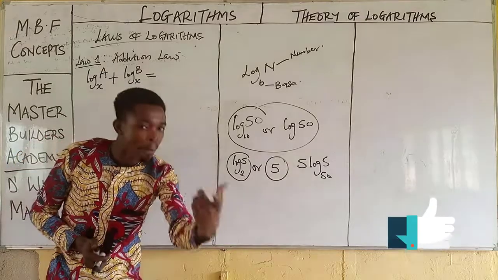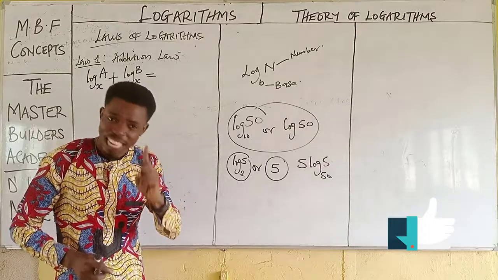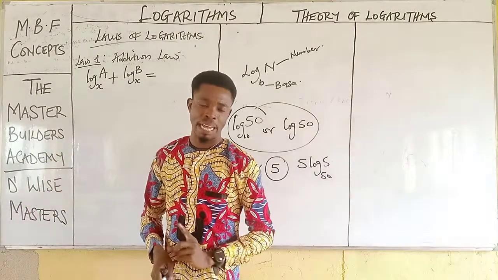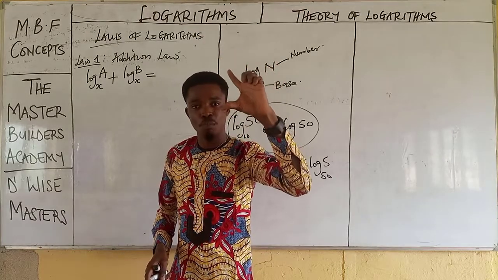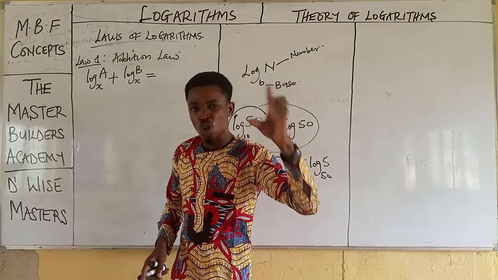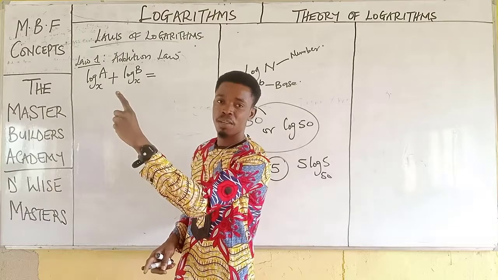And anytime this happens, what you look out for, listen carefully, pay attention to this part. Because I want to unveil a secret that will blow up your mind. Anytime you are given the addition of multiple logs of a number to the same base or to different base, look at the three things that you watch out for.